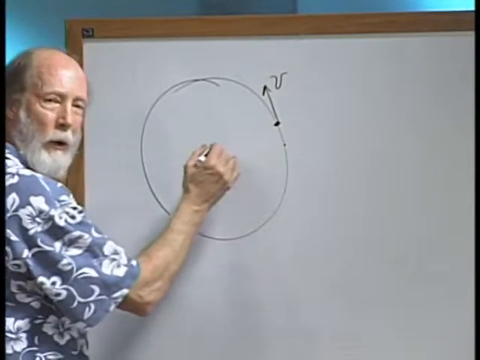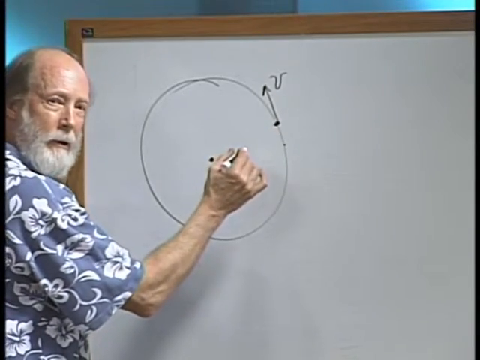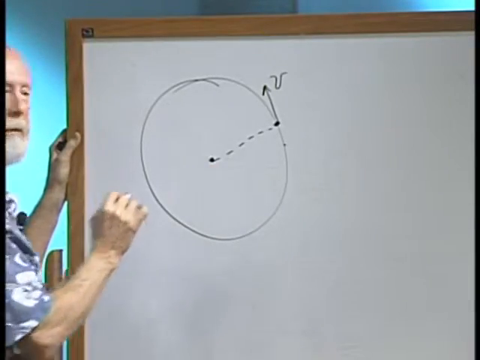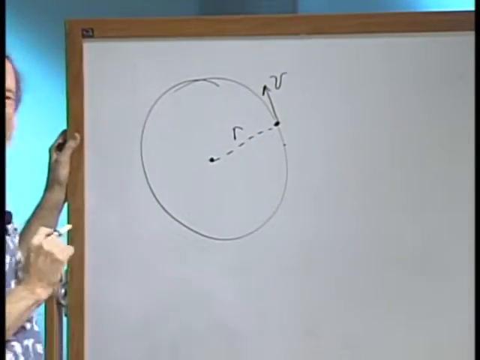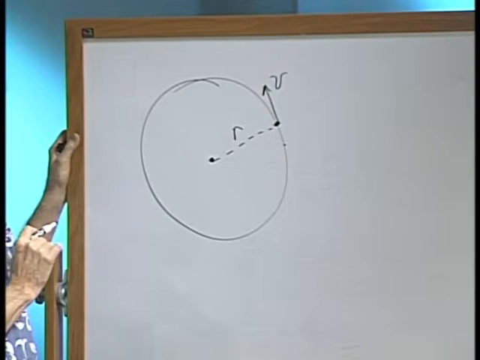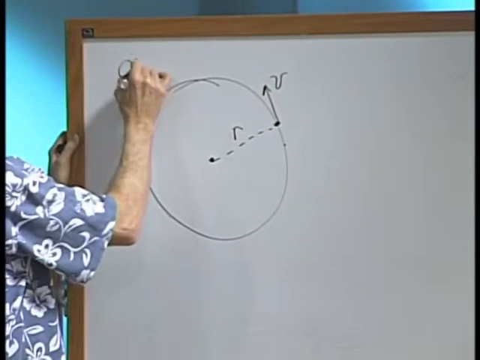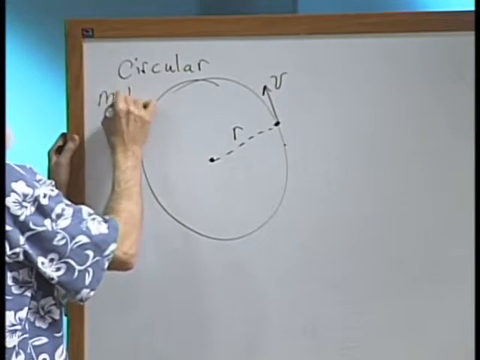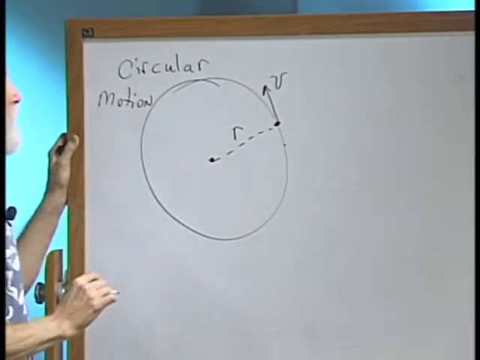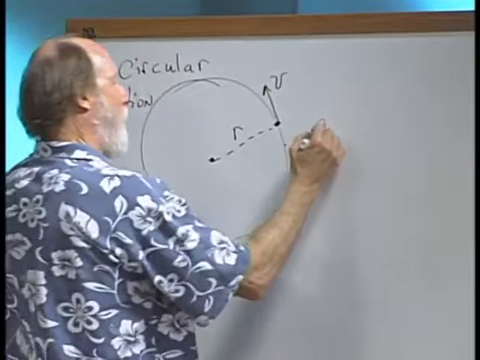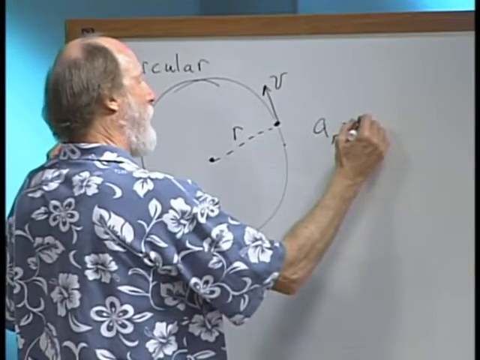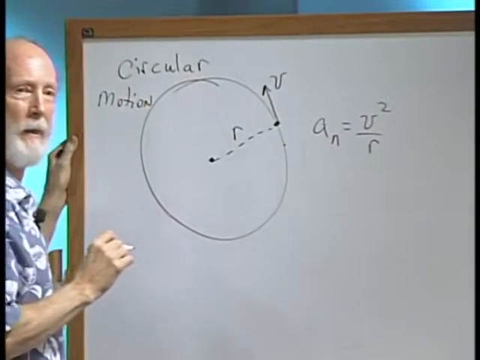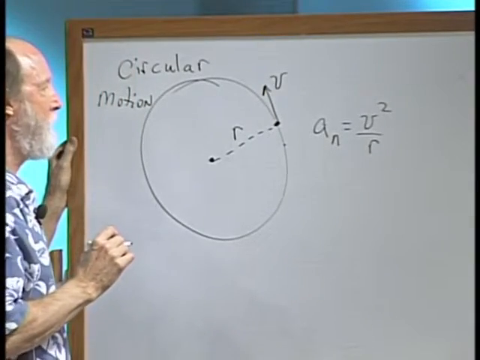What's its radius of curvature? It's the radius of the circle, isn't it? And that's going to remain constant for circular motion. So our normal acceleration component then is going to be the speed squared over r.